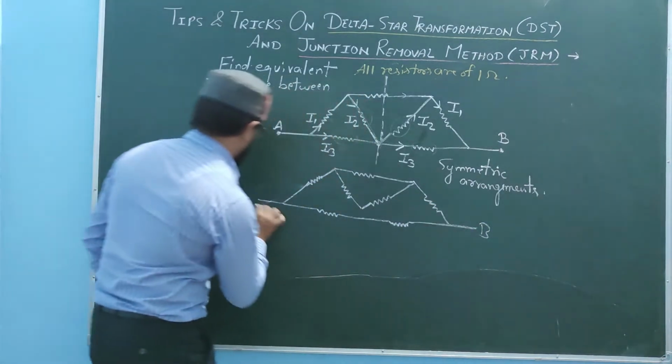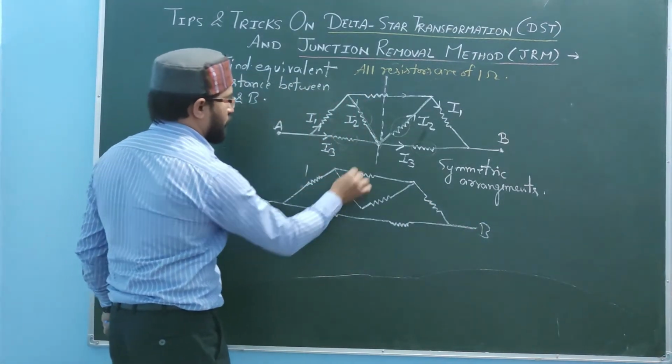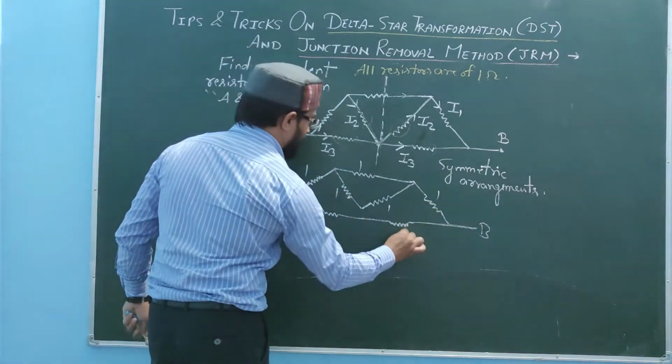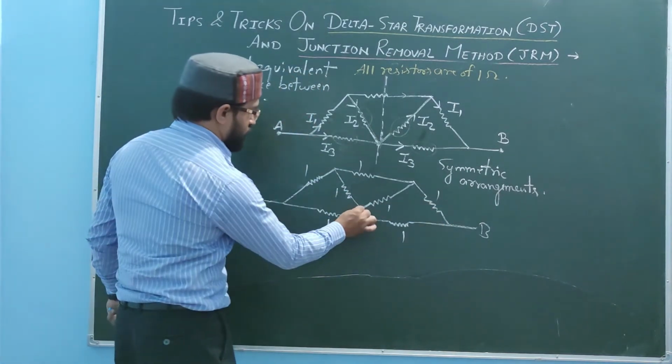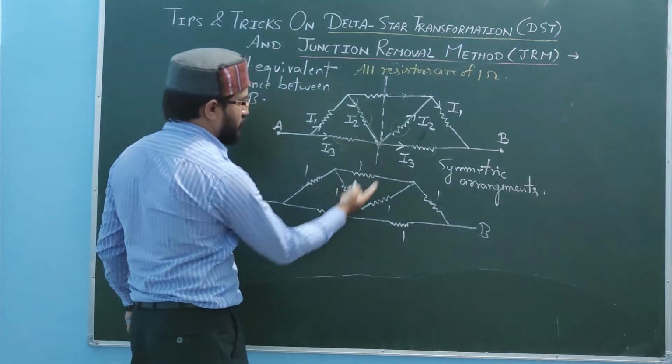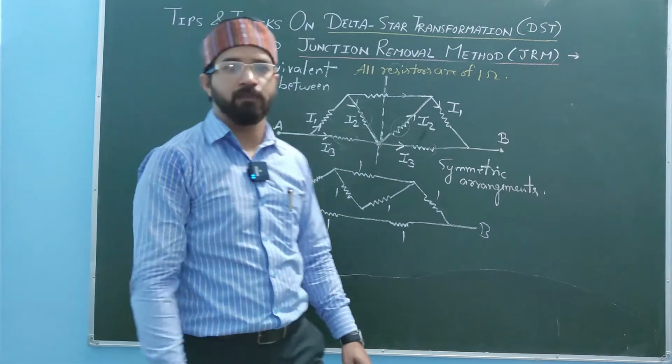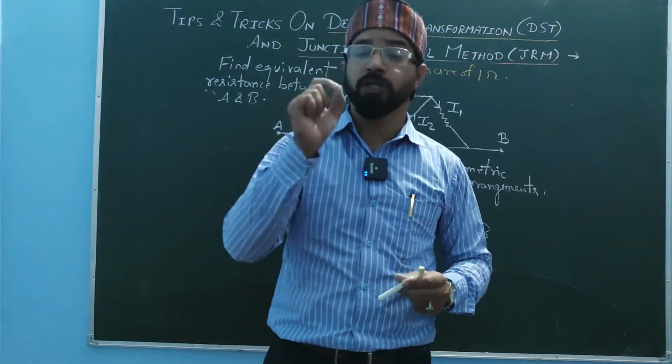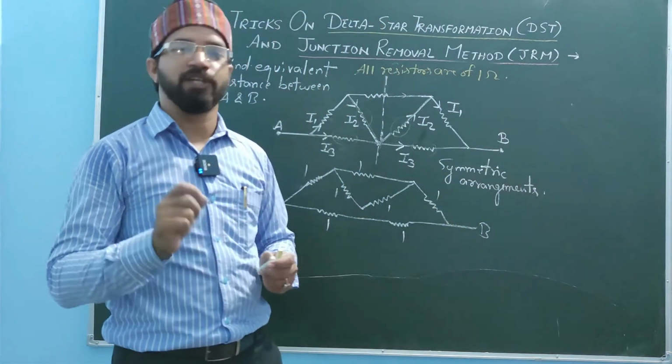It is B, it is A. Now, hoping you can easily solve it, it is 1, 1, 1, 1, 1 ohm. This is junction removal. This was the junction and we have removed it. Understood how we have used the JRM, the junction removal method? This is the junction removal method.